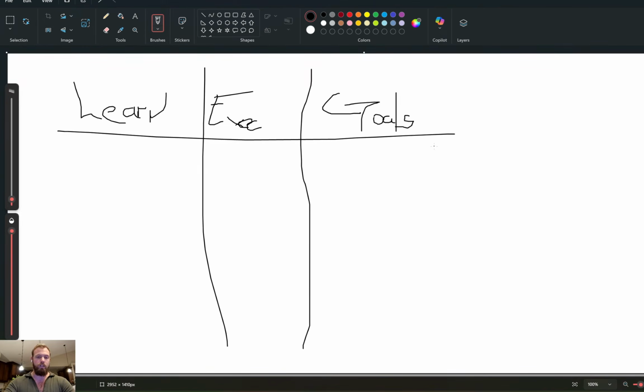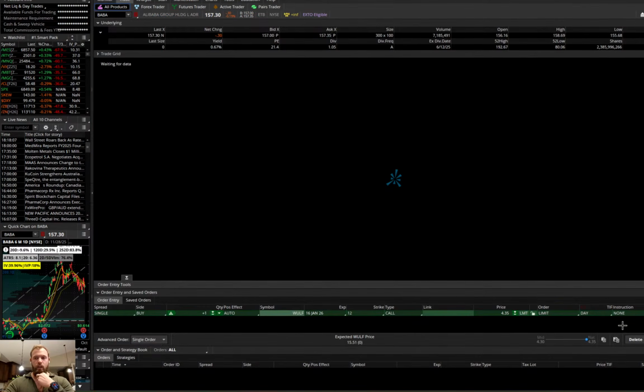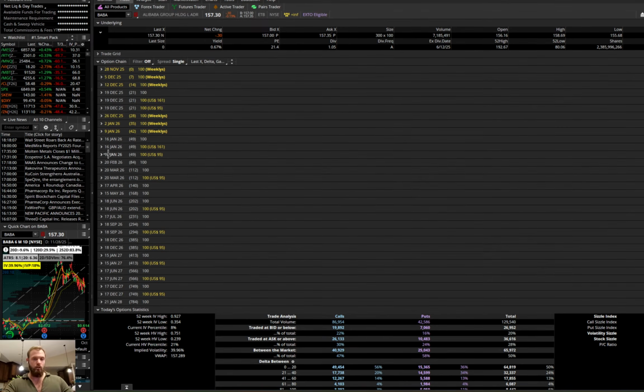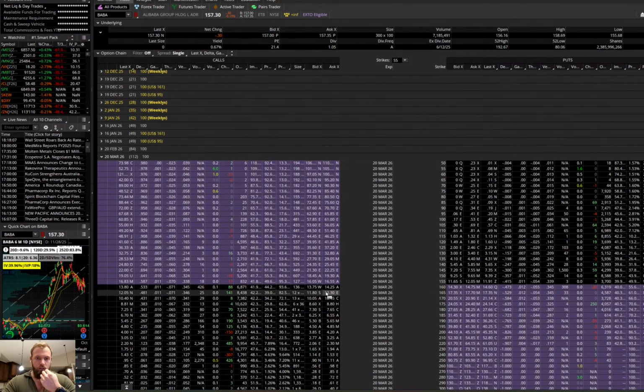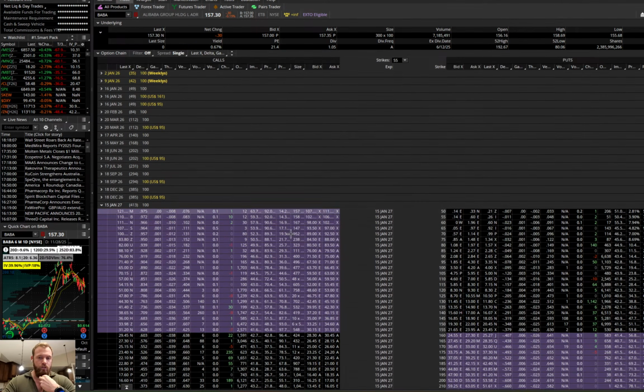And it's also a liquidity factor. If we take a look, for example, in BABA, and we just eyeball what the liquidity looks like across these different time frames. If we go out, let's say 80, 90 days, somewhere in here, you're about 50 cents wide at the money. And then if we go out, let's say to 15 Jan 27, you can see that you're like $2.15 wide at the money.